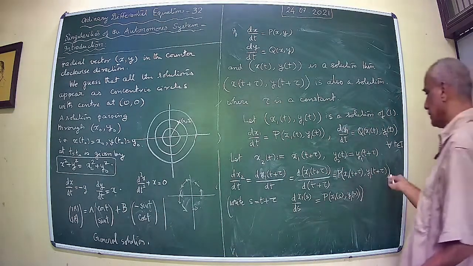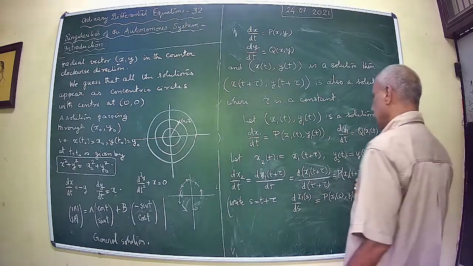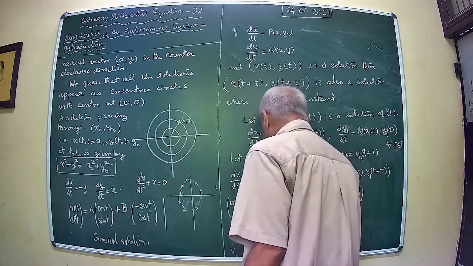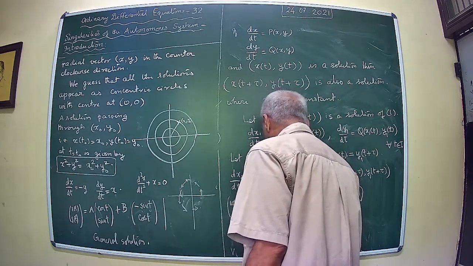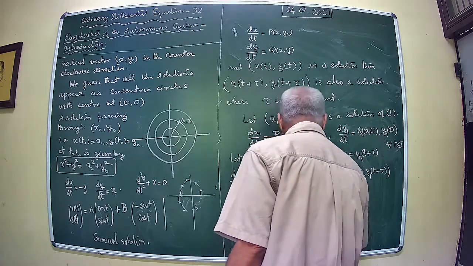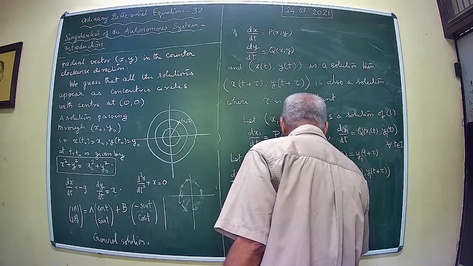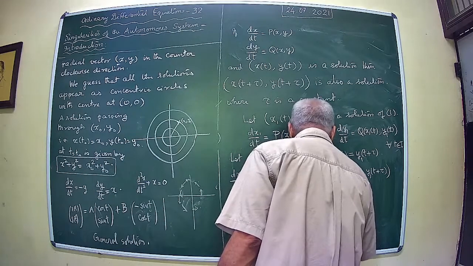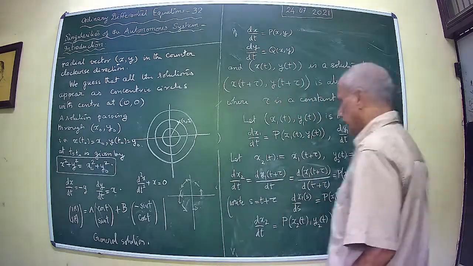But what is this? x1(t plus tau) is x2. Therefore, we get dx2 by dt equal to P of, similarly.